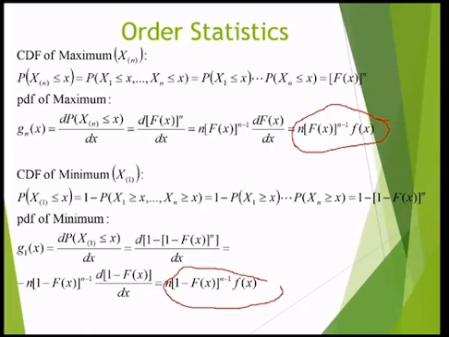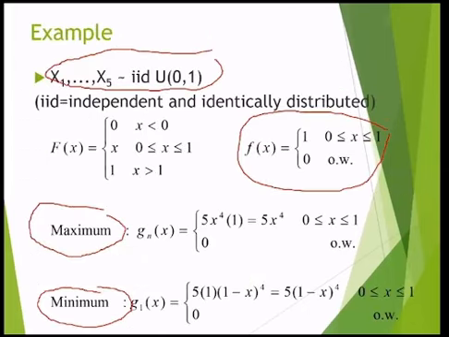So now what I'm going to do, since I've been told that I'm working with uniform, and the uniform here f of x equal to 1. What is a CDF? If I want to figure out the CDF of uniform, it means I want to figure out the probability that X is less than x for uniform.